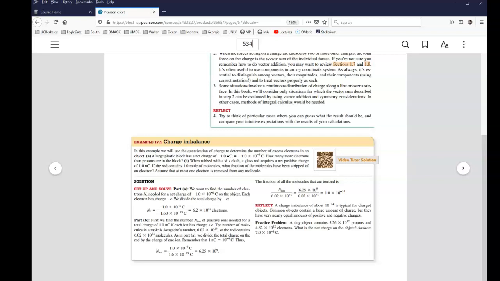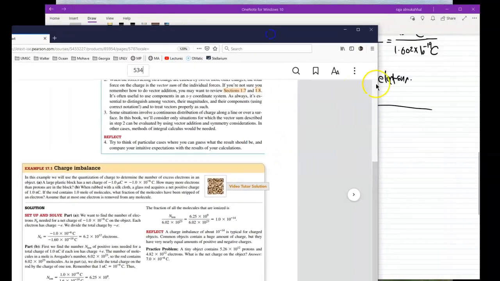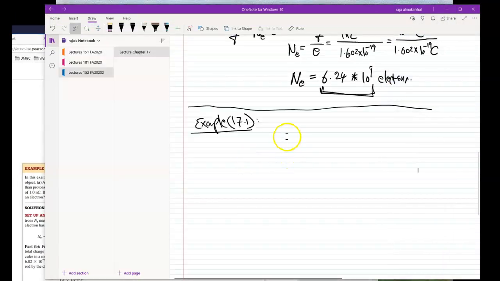He's asking how many more electrons than protons are in the block. Basically, he wants to know how many electrons make up 1 microcoulomb. You see what I'm saying? So we're going to do the same thing that I just showed you. Maybe I could move it to the side like this. So what I'm going to do, that's for part A.